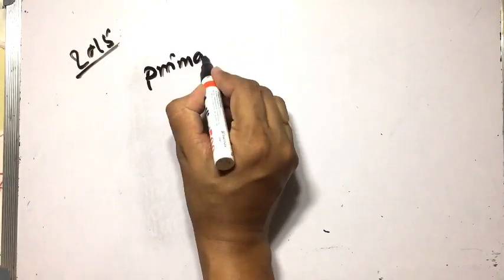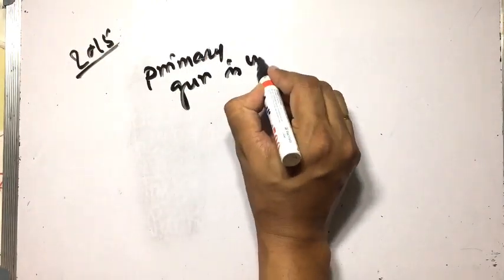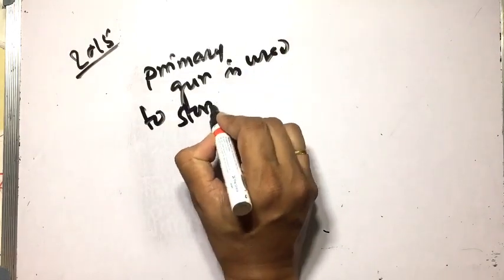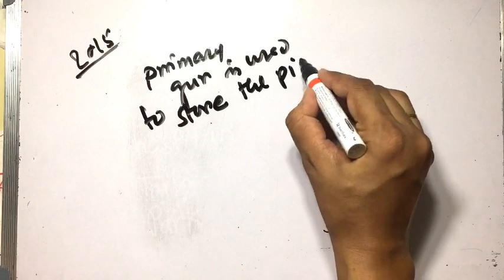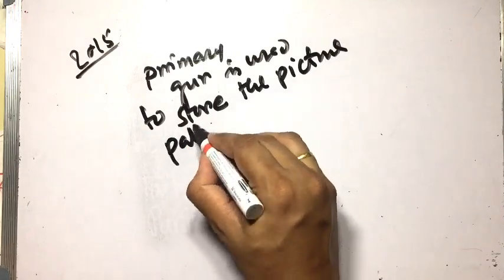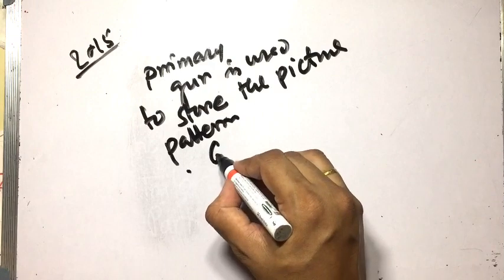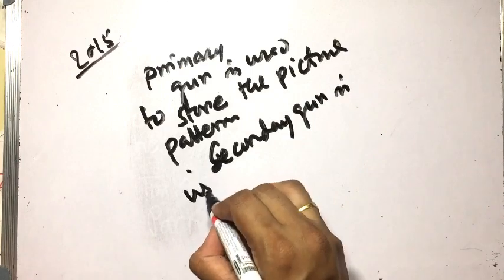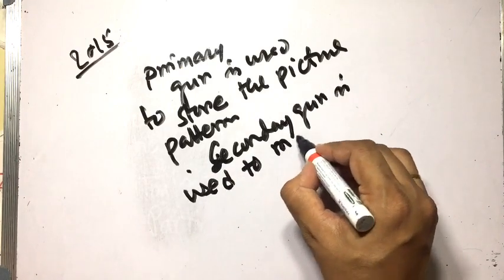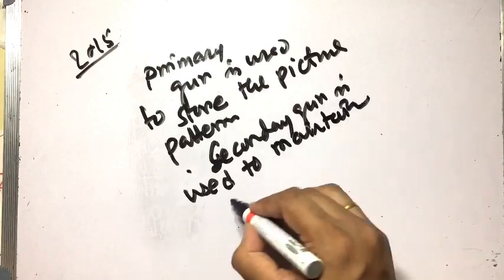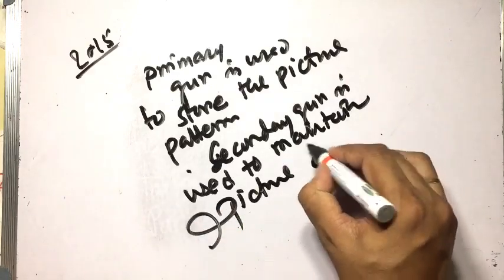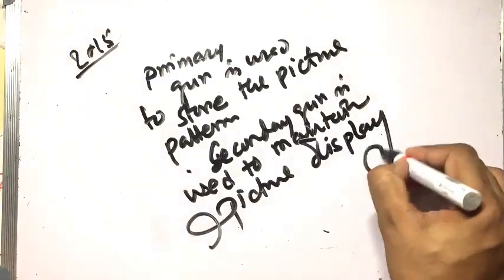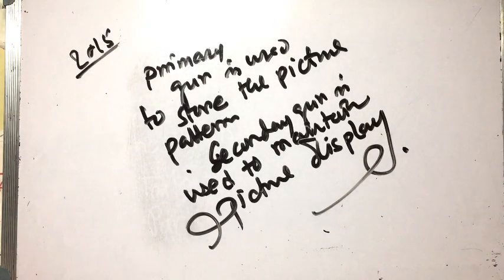The primary gun is used to store the picture pattern, and the secondary gun is used to maintain the picture display.